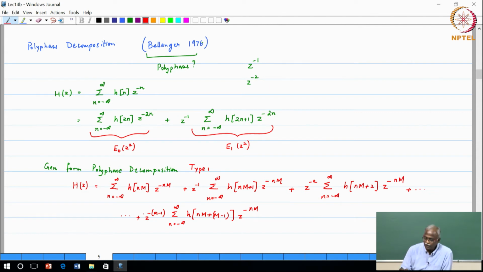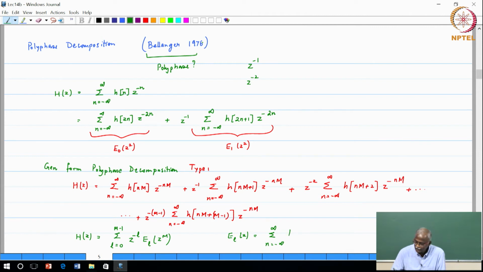So, if you were to label these sub filters in the following way, we can write down h of z as summation L equal to 0 to m minus 1, basically a summation of m sub polynomials, z power minus L E L of z power m, where E L of z is defined as summation n equal to minus infinity to infinity h of n m plus L z power minus n.